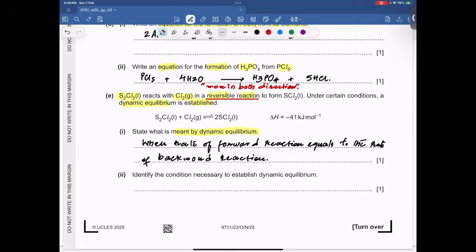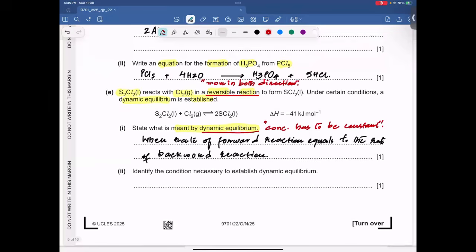Okay. So for dynamic equilibrium, concentration has to be constant, both for reactant and product. So you can write the answer in terms of concentration. Okay. Identify the condition necessary to establish dynamic equilibrium.